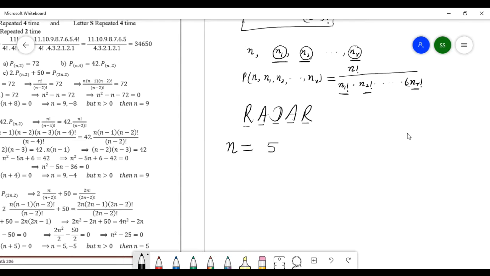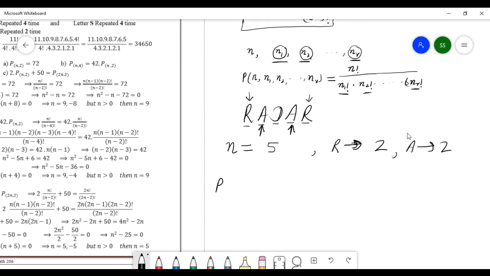Now look, this R is one time here and one time here, so R is repeated 2 times. After that, the A here and the A here, so A is repeated 2 times. And D is not repeated, D is only 1 time.